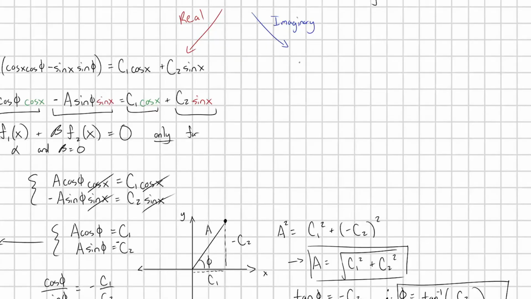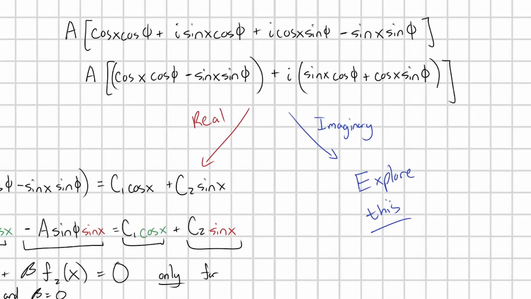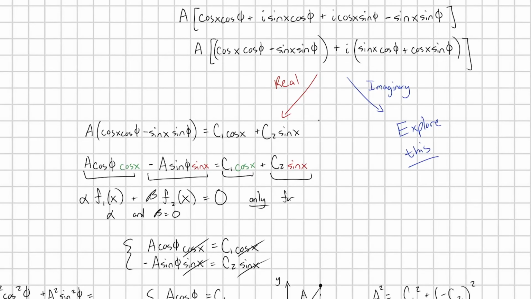And what I would suggest, and I'm not going to do this in this video, I'll leave this to you. Explore this imaginary route. I'll go ahead and show the equation that I was left with. We could try taking the imaginary part and just go through and do the exact same thing I did before, right?